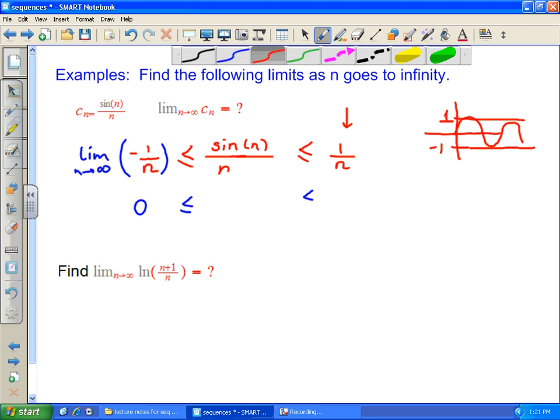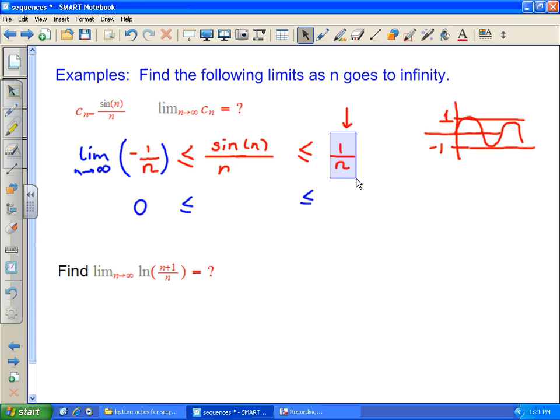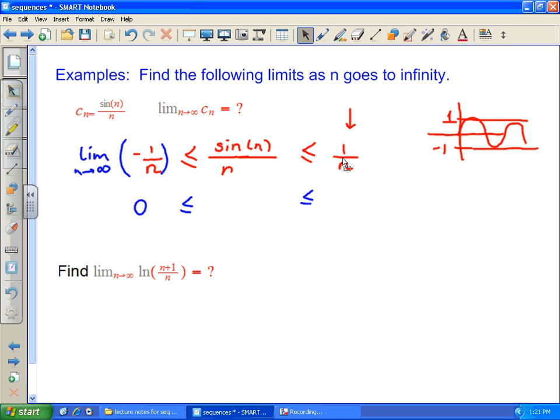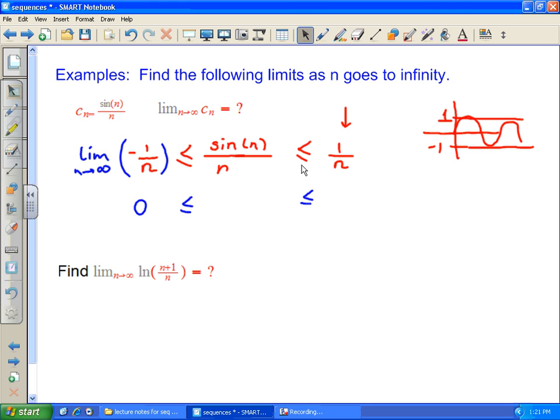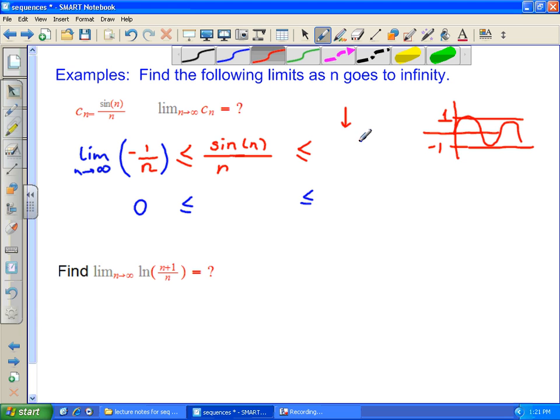Okay, what is the limit of the right-hand side? In other words, what is the limit of 1 over n as n goes to infinity?